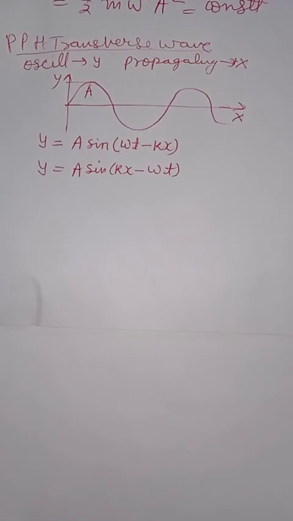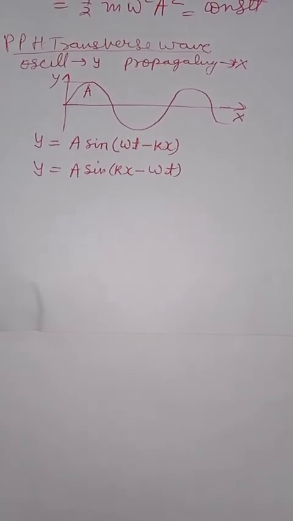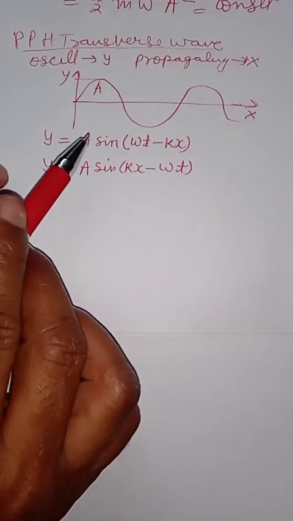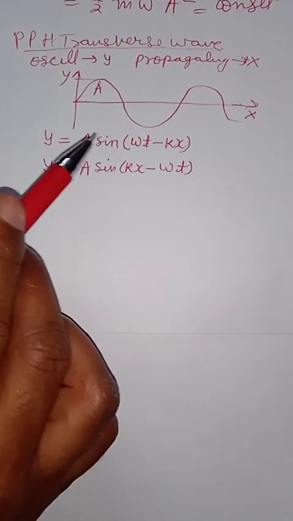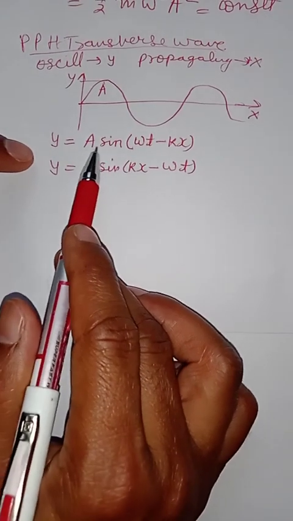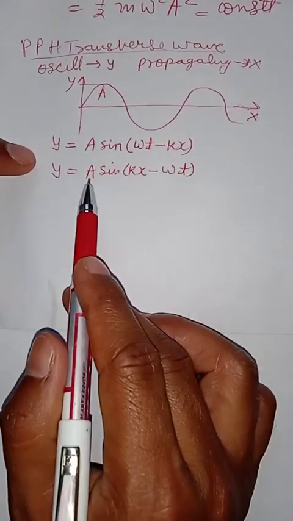It is just a matter of reference with which we are observing this wave. But I'm not saying that this can be converted into this or vice versa. No, I'm saying that this equation can be expressed in terms of this form or this form.